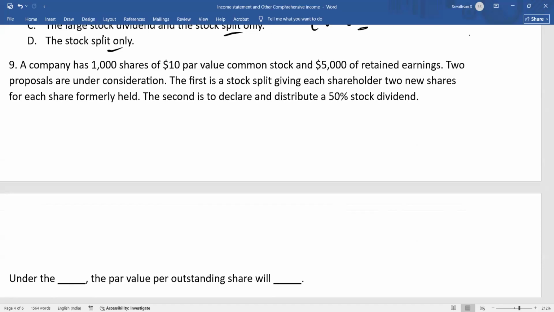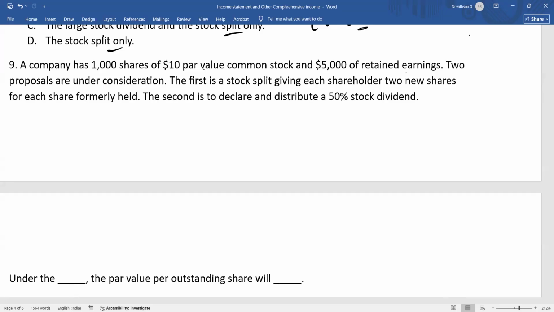Ninth question. A company has 1,000 shares of $10 par value common stock and 5,000 of retained earnings. Two proposals are under consideration. The first is a stock split, giving each shareholder 2 new shares for each share formerly held.